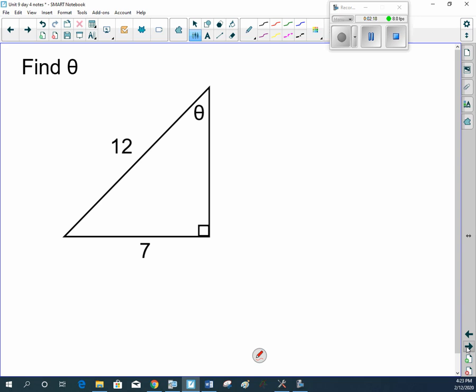Okay, in this particular scenario, my theta is in the upper right-hand corner of the triangle, so this is now considered the opposite side. This is considered the hypotenuse. So the trig function I'm going to use is sine. Sine theta equals opposite over hypotenuse. And since I'm looking for an angle measure and not the ratio of sides, I'm going to do inverse sine.